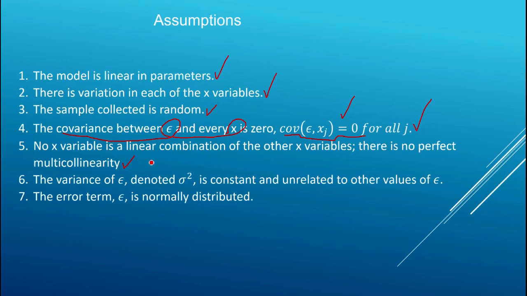It's kind of hard to explain why without matrix algebra, but the array of all of the variables combined is sort of a data matrix, and you have to perform an operation on that data matrix called inversion. You have to invert it in order to get the least squares estimate. And it's not possible to invert a data matrix if any row or column is a linear combination of other rows and columns.